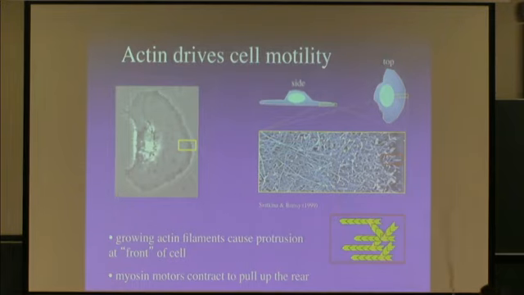Okay, great. So we've also seen that the front edge of a cell, for example, in a keratocyte, has this meshwork of actin. I'm on purpose using meshwork and not network. That was a point of confusion. And the rear has myosin that helps to contract and pull up that rear.